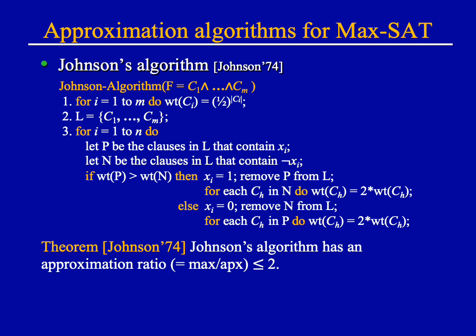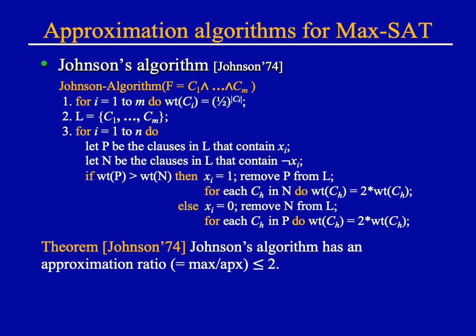So Johnson's algorithm basically says that the maximum number of clauses that can be satisfied is no more than twice the number of clauses satisfied by the solution produced by his algorithm.